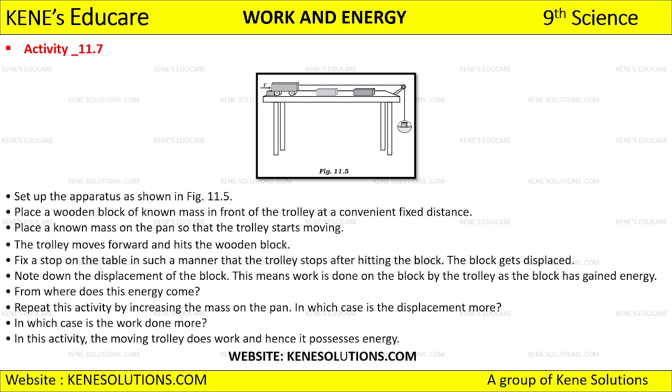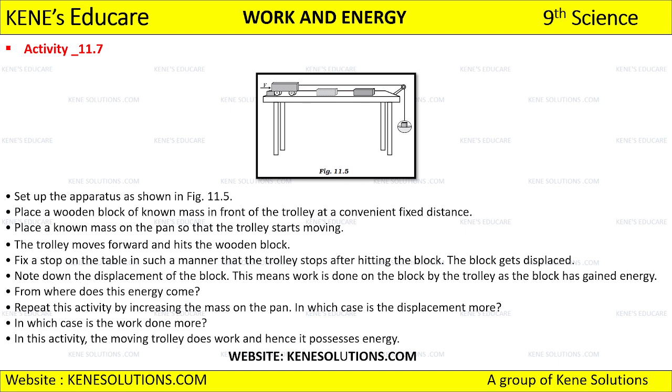So whenever a mass is placed on any object, it is going to exert a force on the other object, right? Over here the object that we have is the trolley, so it exerts a force on the trolley and the trolley starts moving. So the kinetic energy is transferred to the block.